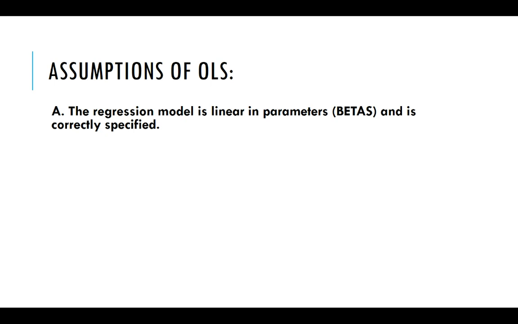Now, a parameter is a coefficient. So why do we say parameters here? I don't know. But I could have just substituted the word coefficients, right? Our betas, our alphas and betas. So the regression model is linear in its coefficients. It doesn't say variables, it says coefficients.